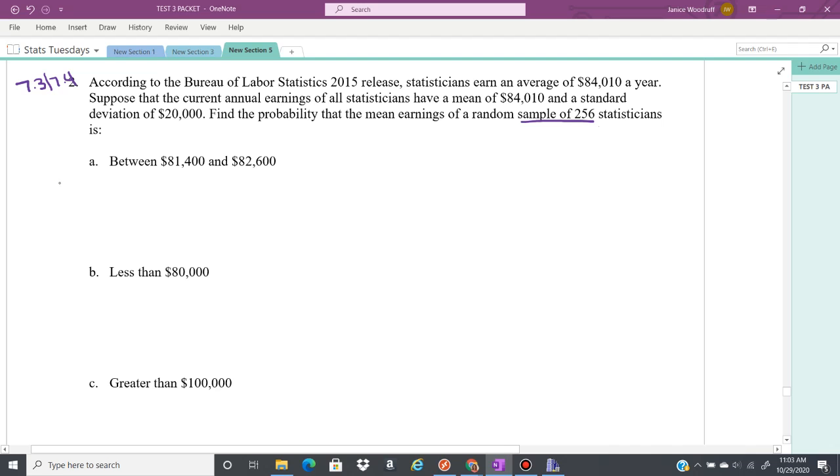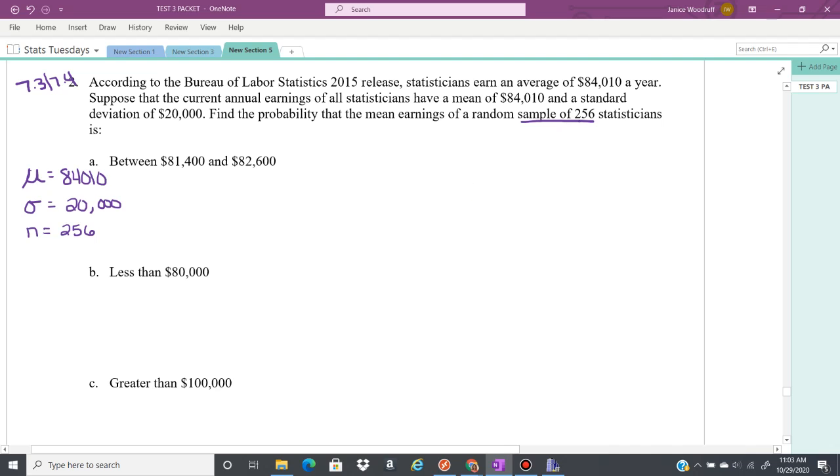Okay, so first step, let's identify the values that we need. The mean of the sample is going to be equal to the mean of the population, that 84,010. We have a standard deviation of the population, 20,000. And we have a sample size of 256.